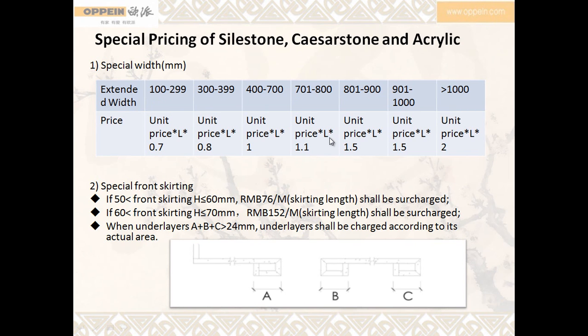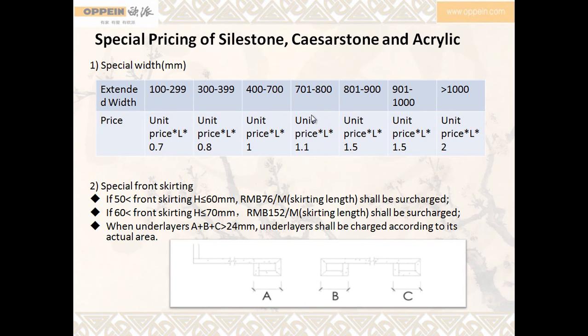For example, if the extended width of the countertop is 750 millimeters, we check the table with extended width range 701 to 800. The price for this range equals unit price times length times 1.1. Here, as you can see.